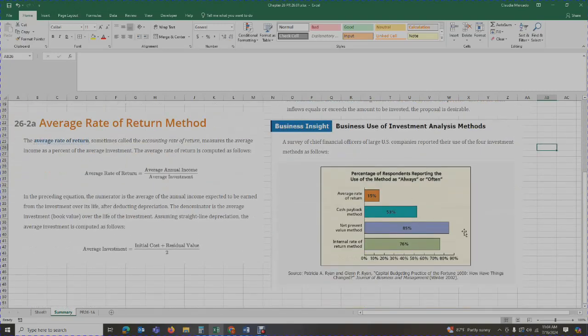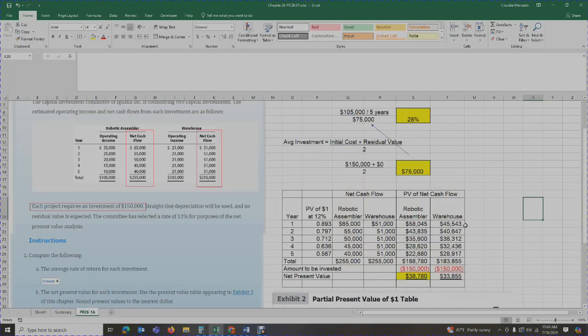Now, the textbook provides a good analysis of the four main methods used in investment analysis. If we look at the distribution, only 15% use the average rate of return. 53% use the cash payback method. The largest usage is the net present value method, which is what we calculated here. This is the net present value of those cash flows, so we can figure out the present value of what we're going to get in the future.